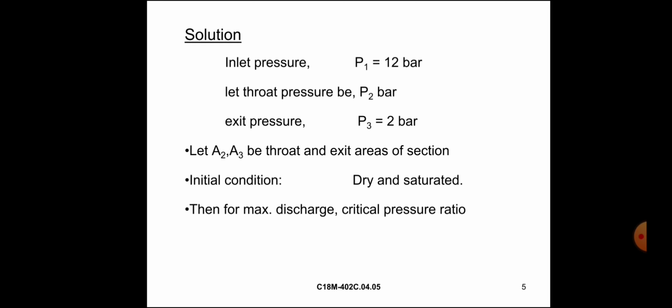Then for maximum discharge, the critical pressure ratio P2 by P1 is equal to (2 by n plus 1) whole power n by n minus 1, where n is the expansion index.